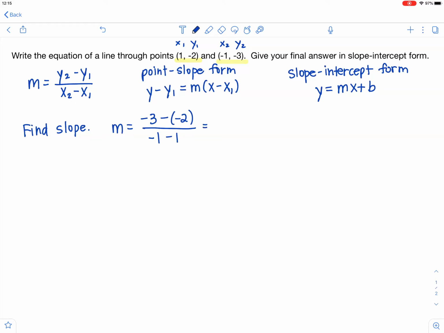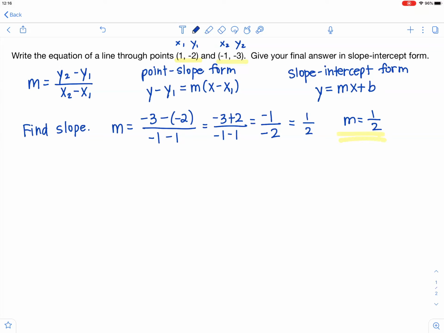Being careful with the signs there, that numerator is negative 3 plus 2 over negative 1 minus 1. So we get negative 1 over negative 2. A negative divided by a negative is a positive, so you would want to simplify this to positive 1/2. So our slope is positive 1/2, and that's an important part of what we need.